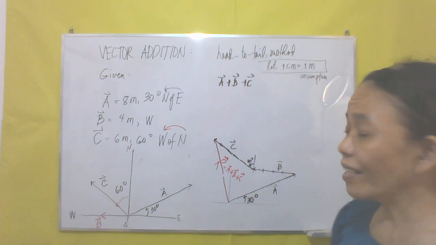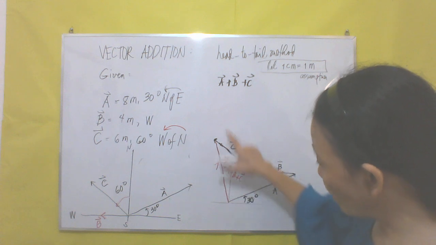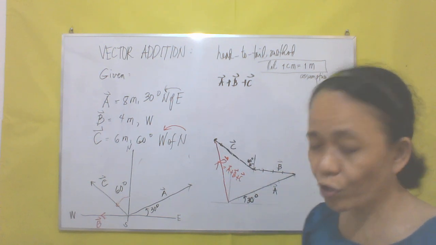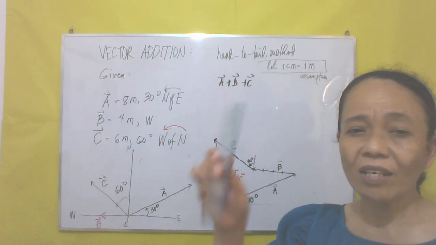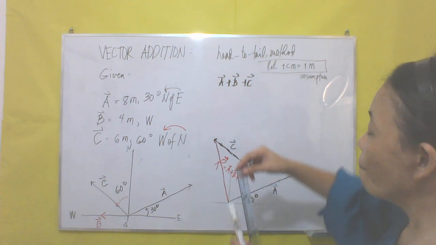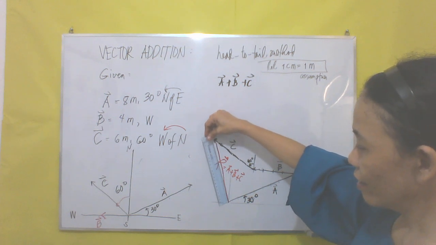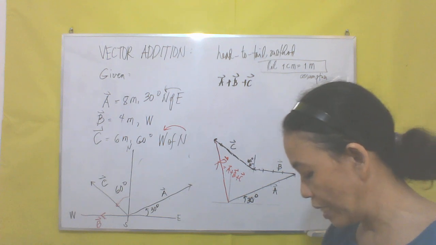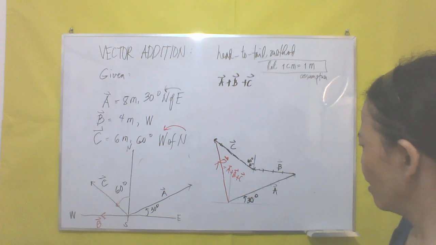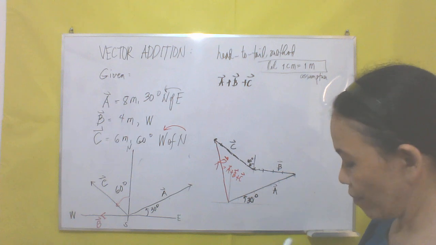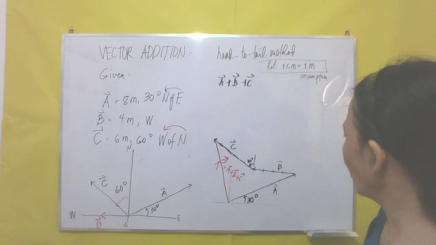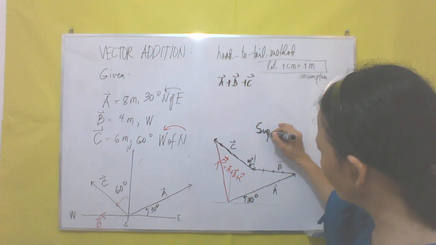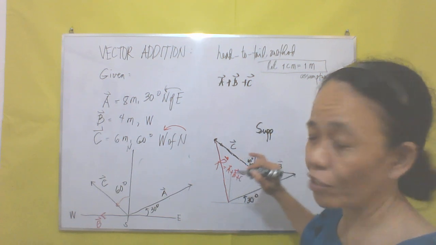So again, how are we going to find the magnitude of this? Just use your ruler. Measure this length, then after that, measure the angle. Suppose, again, I am playing safe because this is not an accurate measurement.